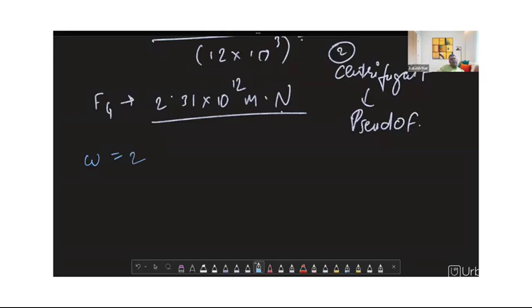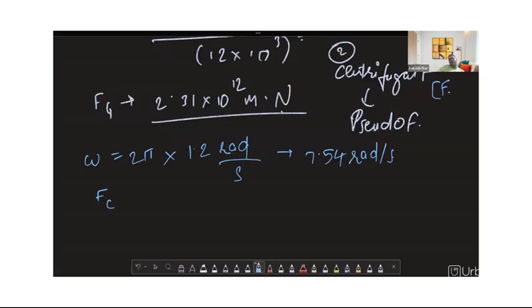Omega will be 2 pi times the revolution, which is 1.2, turning out to be 7.54 radian per second.